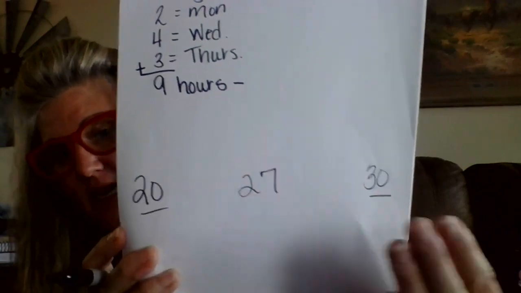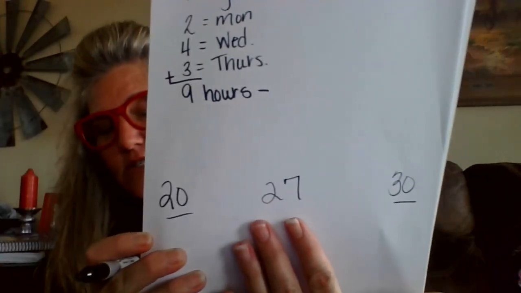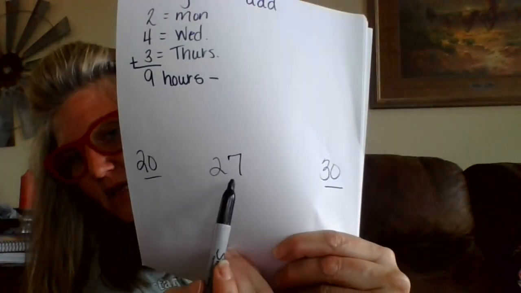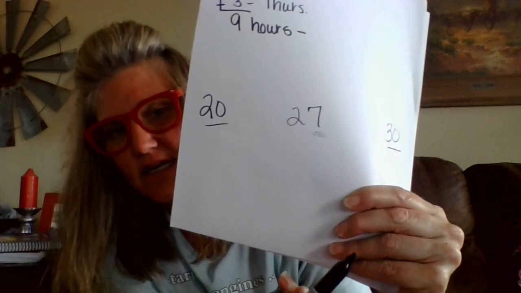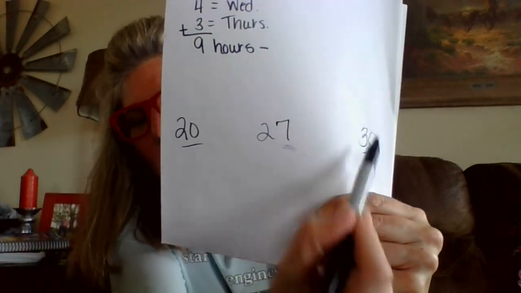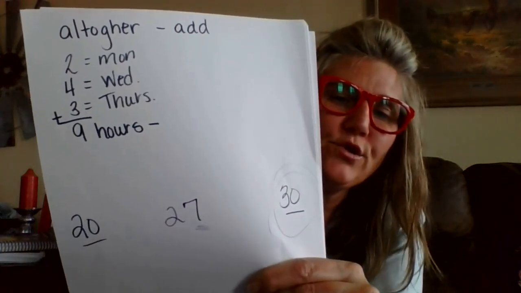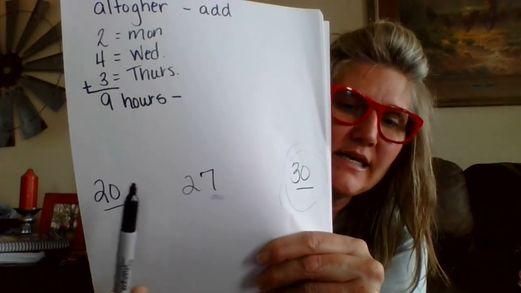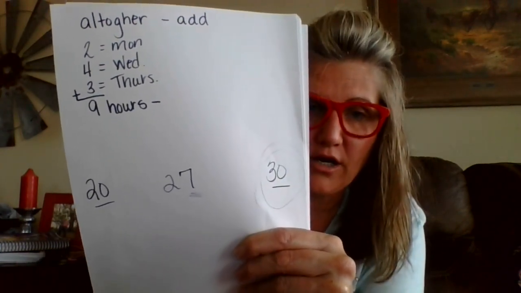A 20 and a 30. Which is it closer to? Well, what's in my ones place? A big fat 7. So that means we're rounding up. So guess where we're going? To the 30. So you would write 20 and 30, and you would circle 30. Okay?